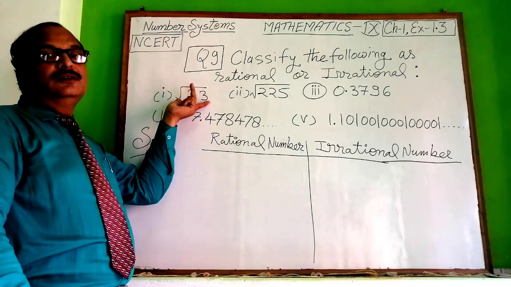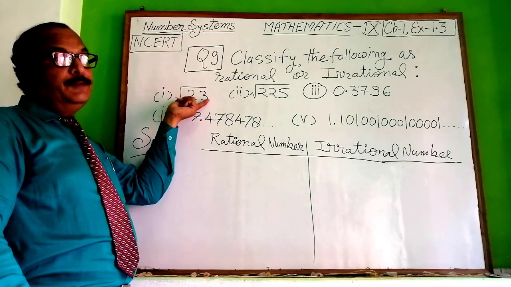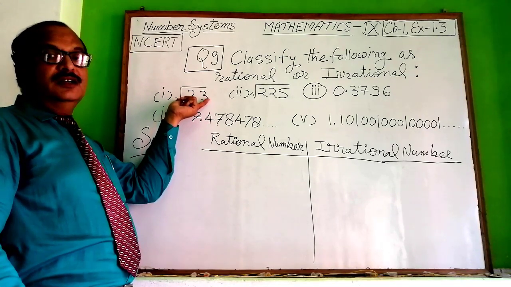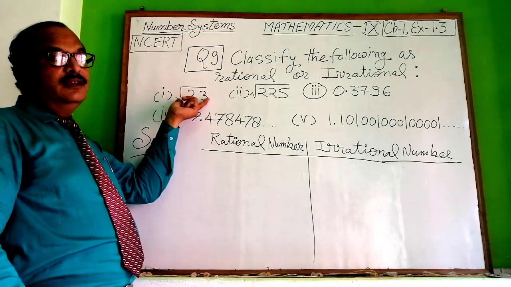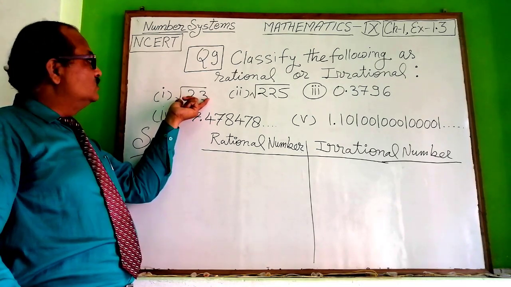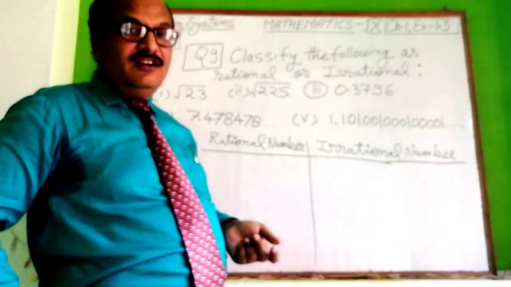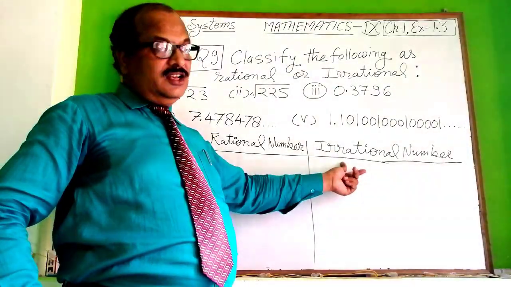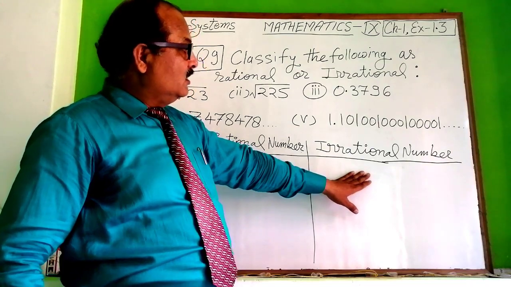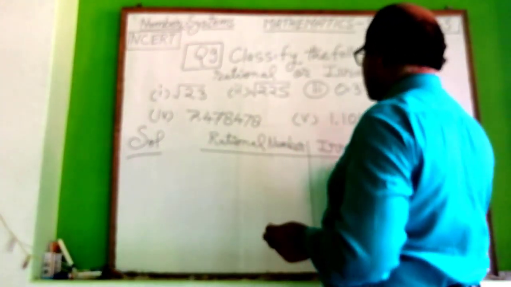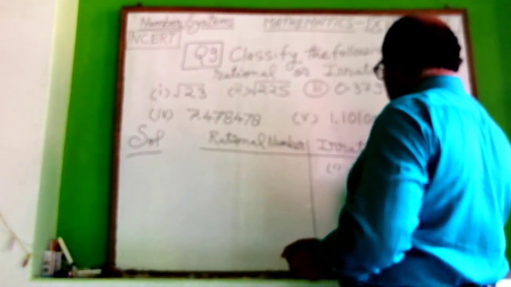See under root 23. If you find its square root, it will be non-terminating, non-repeating. Non-terminating, non-repeating numbers are irrational. So the first one you will write in the column of irrational numbers, under root 23.